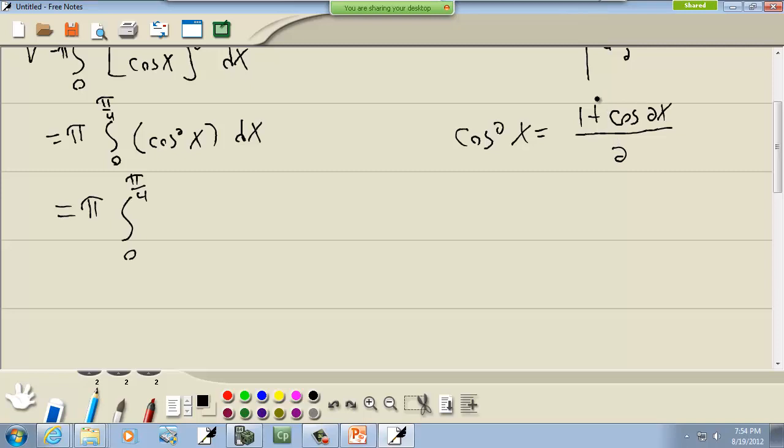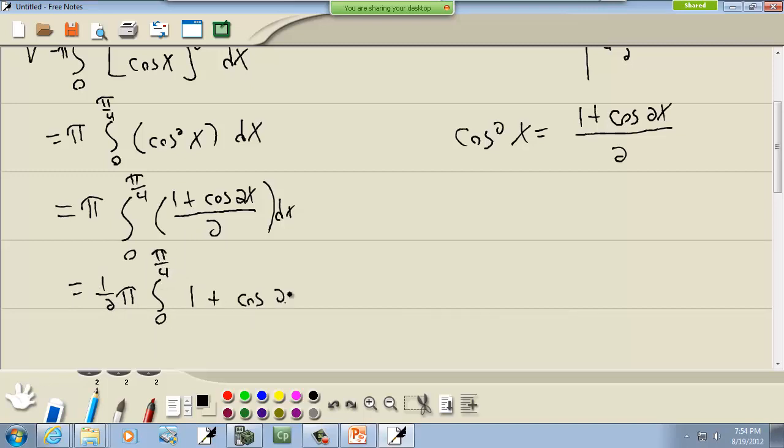So, I'm going to replace this cosine squared here with 1 plus cosine 2x over 2 dx. Now that 2 I can bring out in front, so I got 1/2 pi, 0 to pi over 4, 1 plus cosine 2x dx.